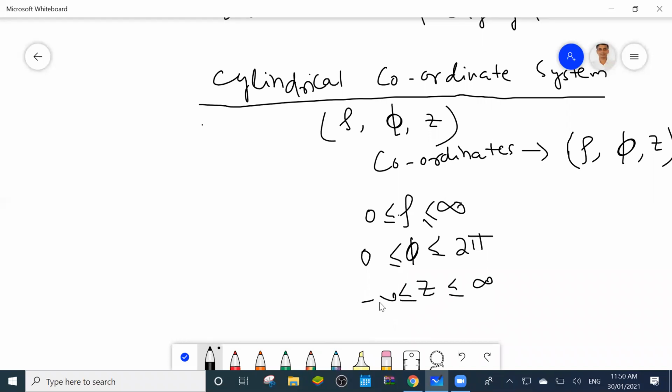When we solve problems and integration, you have to write these values. The lower limit of phi is 0, upper limit is 2 pi. This phi is the same as in the spherical coordinate system.